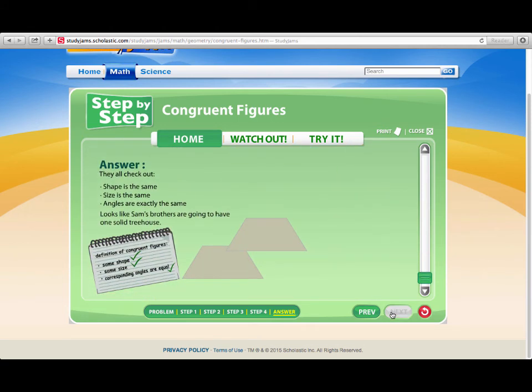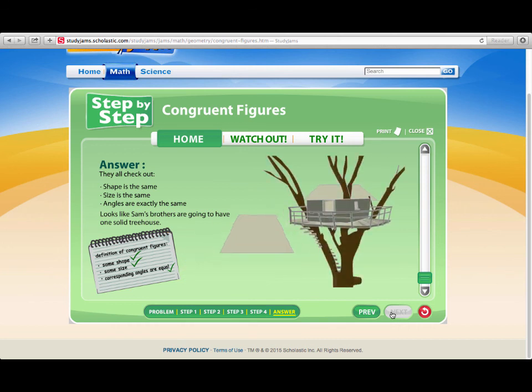They all check out. Shape is the same, size is the same, angles are exactly the same. Looks like Sam's brothers are gonna have one solid treehouse.